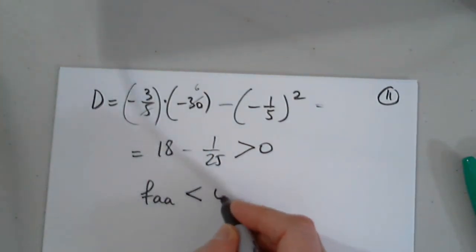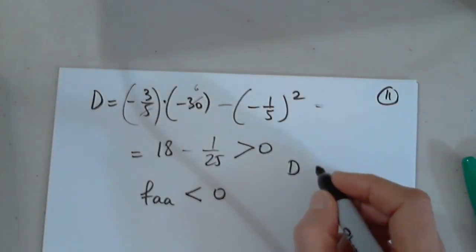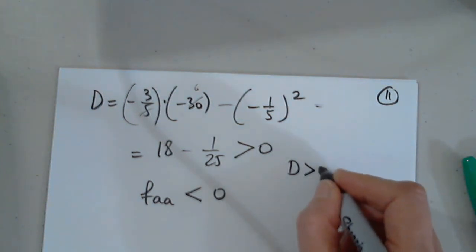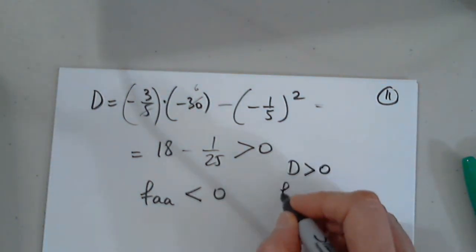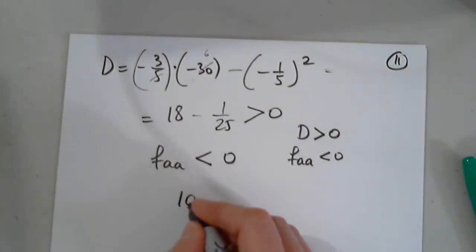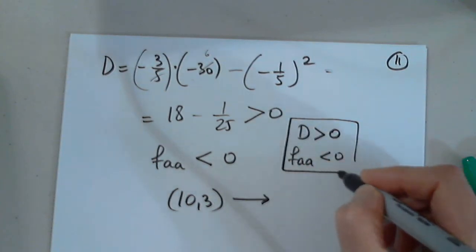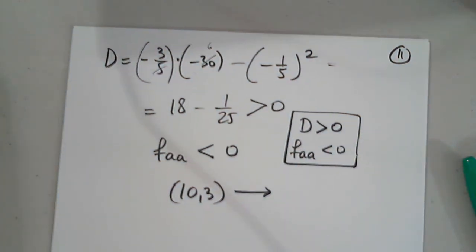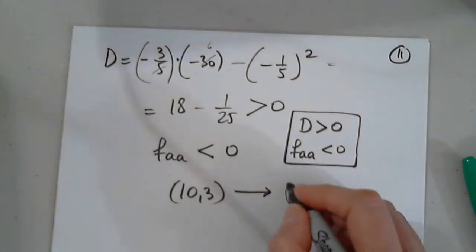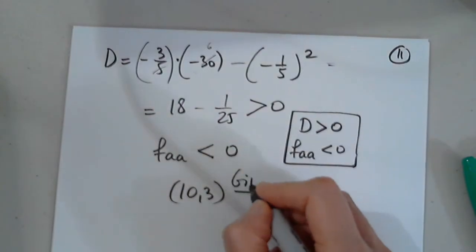Because it's less than 0, it's negative 3/5. What do we conclude when the D-test gives us a positive value and FAA in this case is less than 0? What does (10, 3) represent given these two conditions? Maximum. Very good. As expected, it is a relative max.